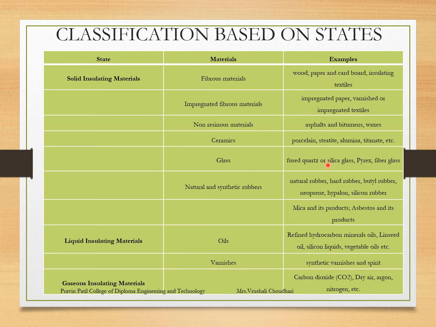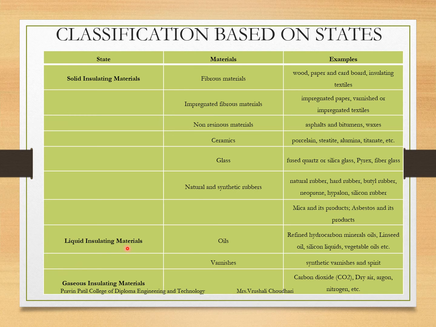Examples given here are wood, paper, cardboard, porcelain, ceramic, pyrex, hard rubber, mica. These are the main examples of insulating substances which do not allow electric current to pass through them. These are the insulators we use in the electronics and engineering field.